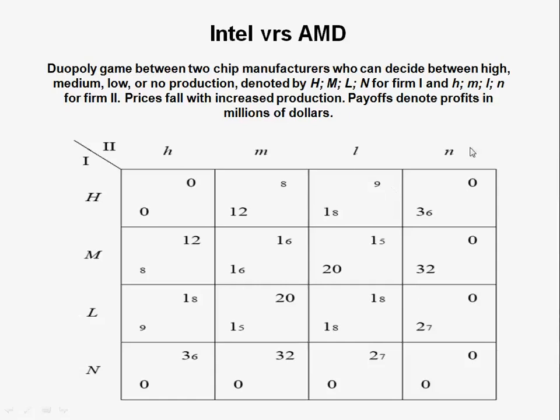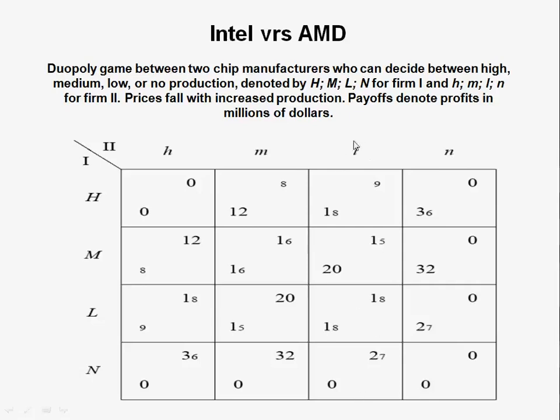One thing you can see is that producing nothing, whatever Intel is doing, is always worse for AMD. If it produces nothing, it always gets 0. But if it produces a low amount of output, irrespective of what Intel does, it still earns greater than 0 profit. So we say L dominates N. It's a very technical jargon.